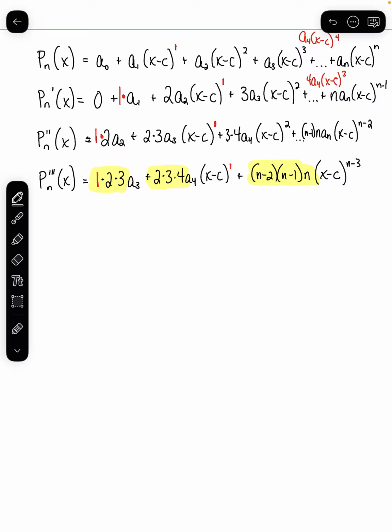Now, we need to match this with the function. And it specifically has to match it at the target value.